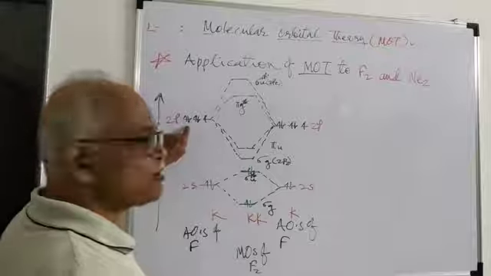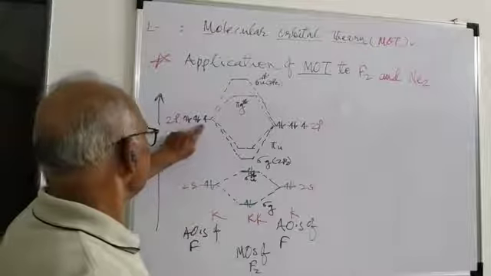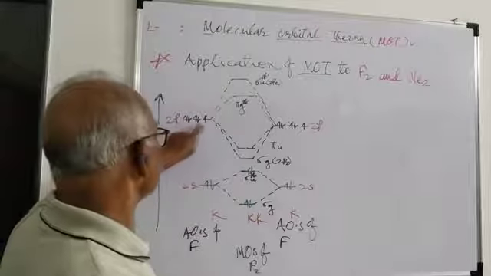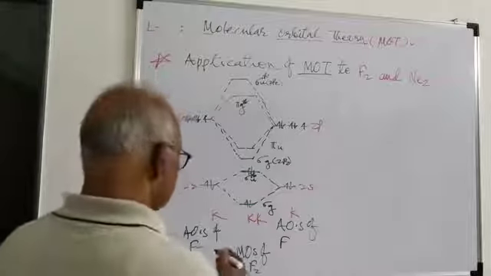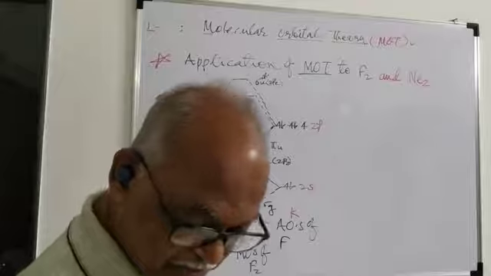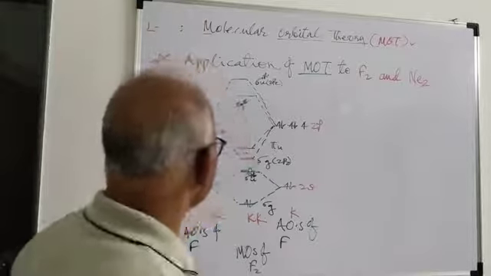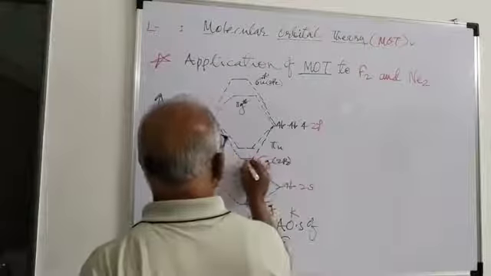So the total number of electrons available are these 5 and these 5, means 10 electrons are available, which can enter into these molecular orbitals like this.